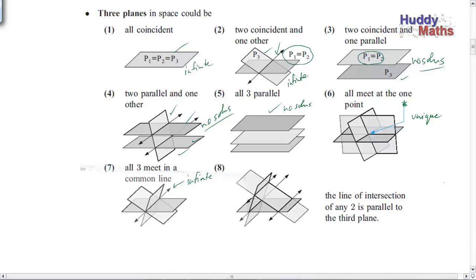And then the last one would be no solutions either, because you'd have maybe three possible lines of intersection, but none of those points are shared by all three planes, so there'd be no common intersection points there. Okay, so you should be aware of this.